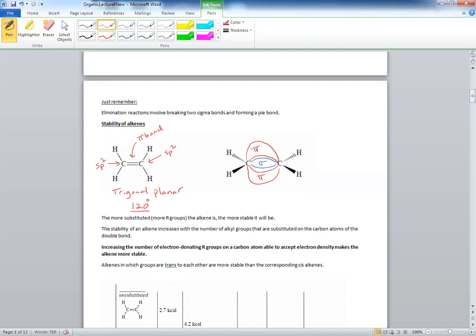This is only one pi bond. Let me make this a little bit more clear. So that's the sigma. Pi and pi.